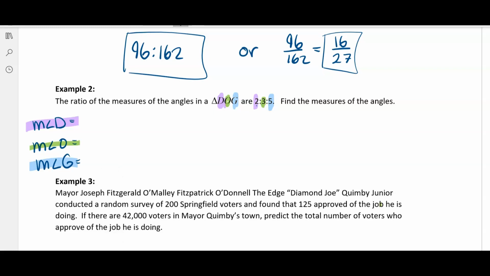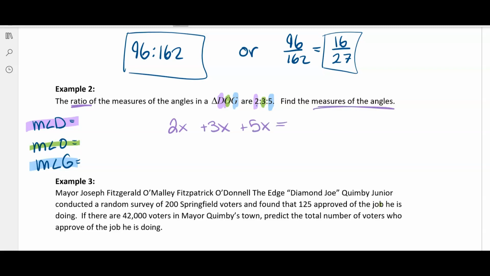Alrighty, so taking a look here. We don't know the exact measures of those angles just yet, but we can figure them out because we have that ratio. We know that angle D is going to be 2 times some x, the measure of angle O is going to be 3 times some x, and angle G is going to be 5 times some x.